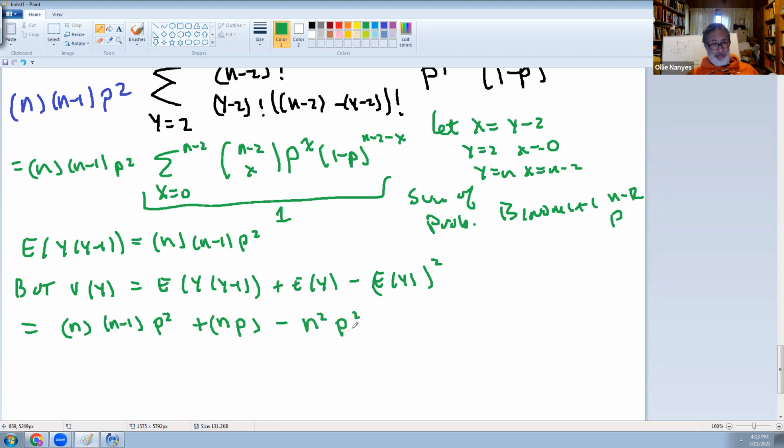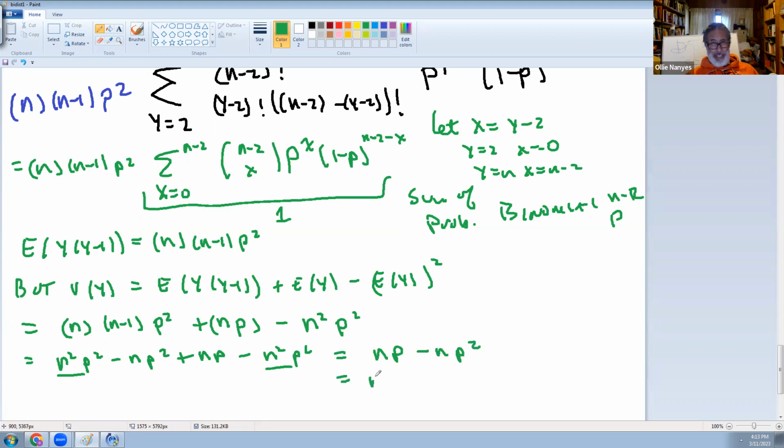That's that. Well, if we expand this out, this is n squared p squared minus n p squared plus n p minus n squared p squared. And notice these cancel. So what's left is np minus np squared.